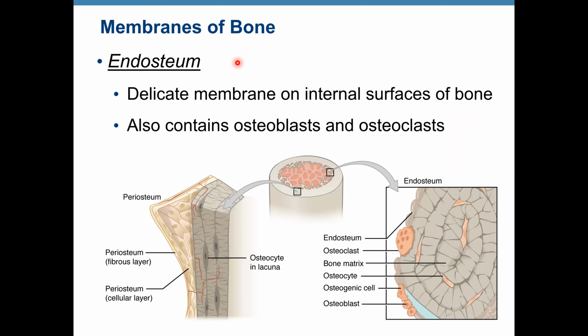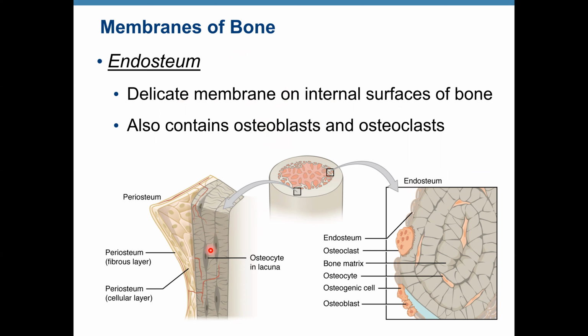So endosteum is a delicate membrane on the internal surface of bone, and also contains osteoblasts and osteoclasts. I already mentioned endosteum. So if you look here on this picture, they took a little piece of outer bone, right? This is compact bone.